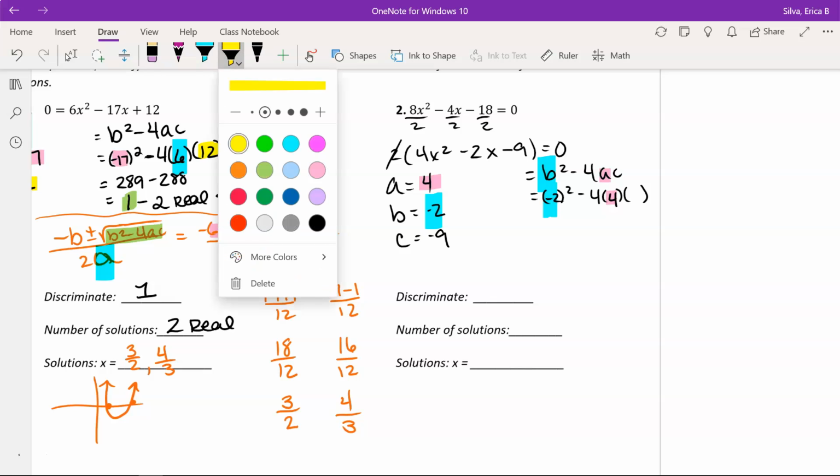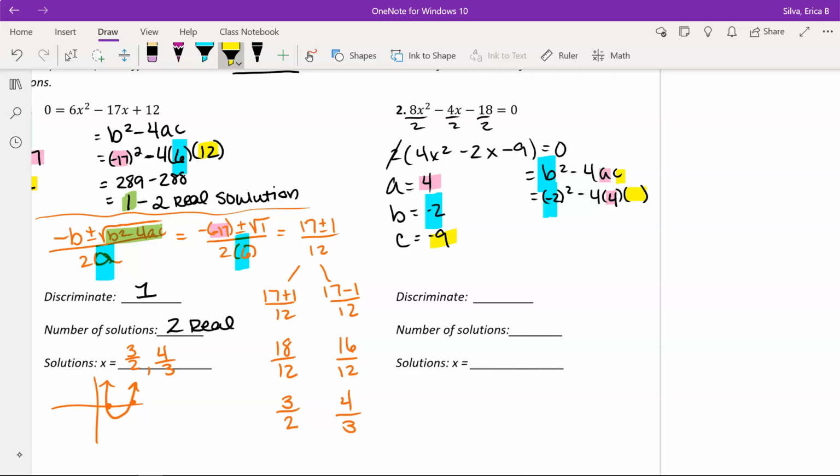And then the c will go here. We get positive 4. Negative 4 times negative 9 is a positive 144. That gives us 148. Because it's positive, that's my discriminant, and because it's positive, that means we have two real solutions.